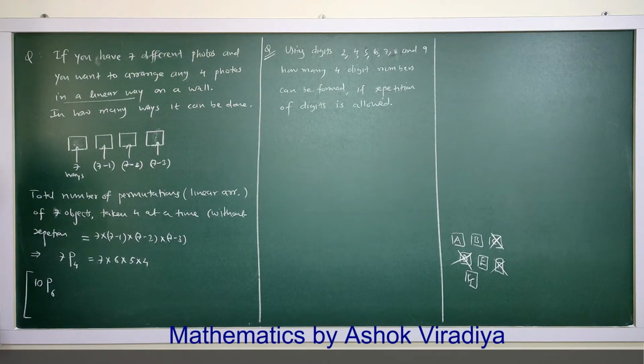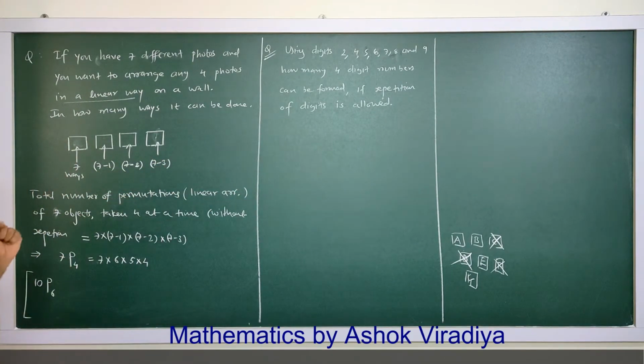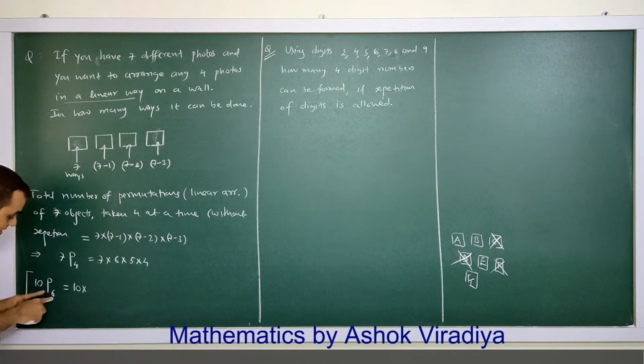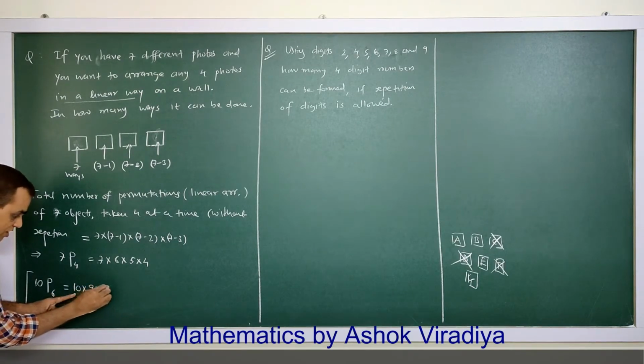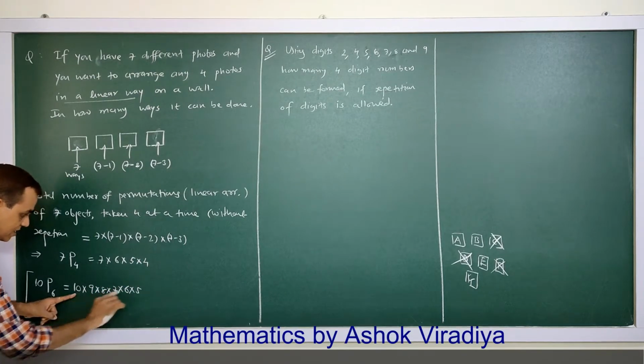Out of 10 photos, you are asked to arrange 6 photos in a line. So the total number of permutations of 10 objects taken 6 at a time is equal to 10 into, now beginning from 10, that is the first step. How many steps do we have to go back? 6 steps. So 1, 2, 3, 4, 5, 6 steps back.